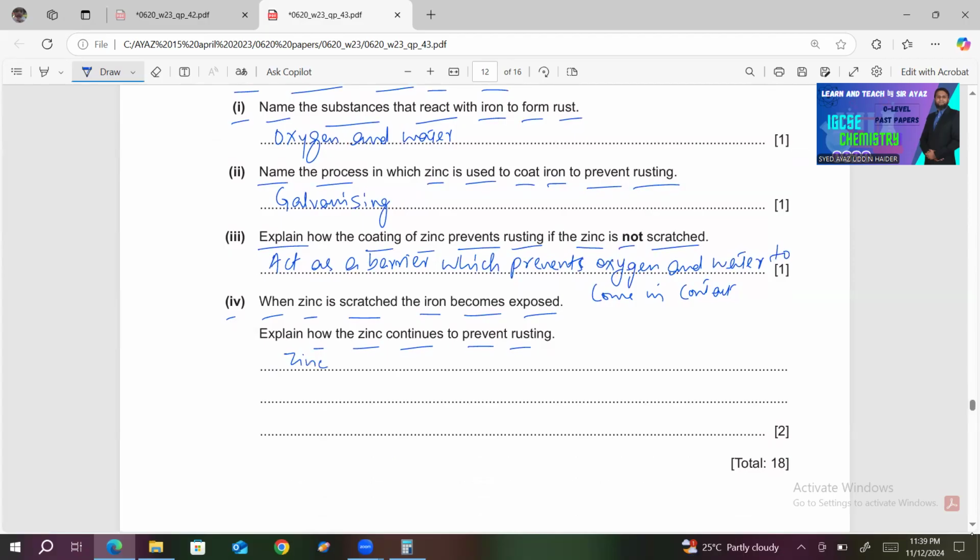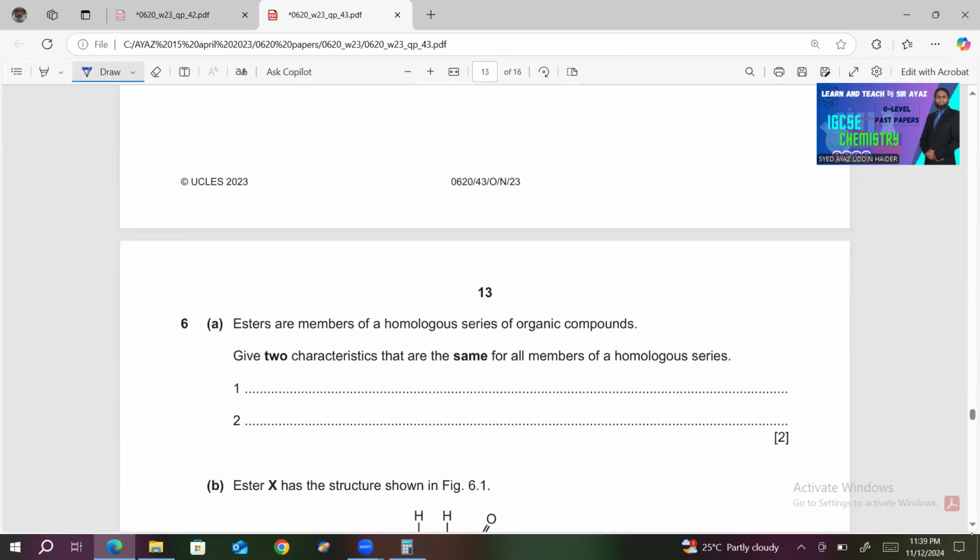Zinc is more reactive than iron. Zinc loses electrons or oxidizes. You can even form zinc forms positive ions.